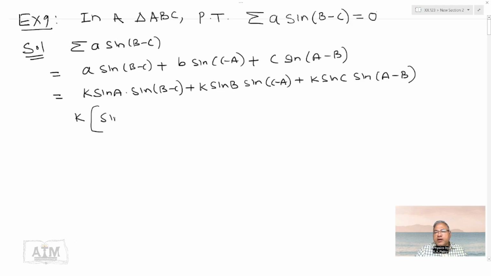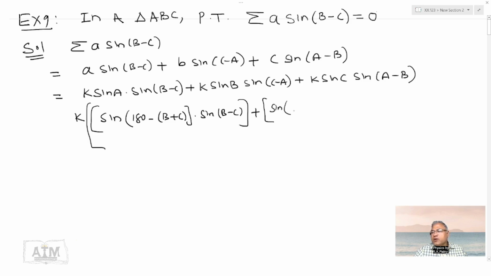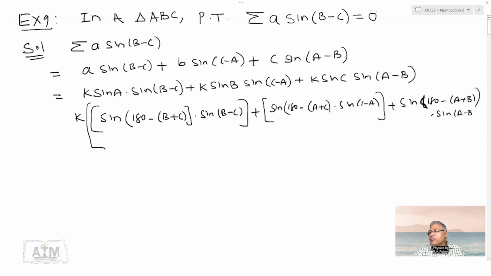In place of A, we can write 180 minus of B plus C into sin B minus C plus, we already took K as common, in the second bracket we get sin of, in place of B, we can write 180 minus of A plus C into sin of C minus A plus sin C. In place of C, we can write 180 minus of A plus B into sin of A minus B.